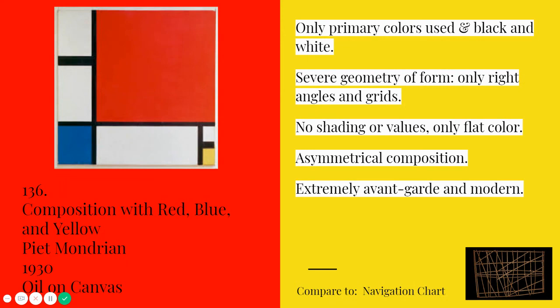This composition specifically is an asymmetrical composition where you still have balance, but you have balance happening because of opposing sizes. So you have this very large red square that is balanced out by the smaller squares and rectangles around it. And like I said before, it's extremely avant-garde and modern.